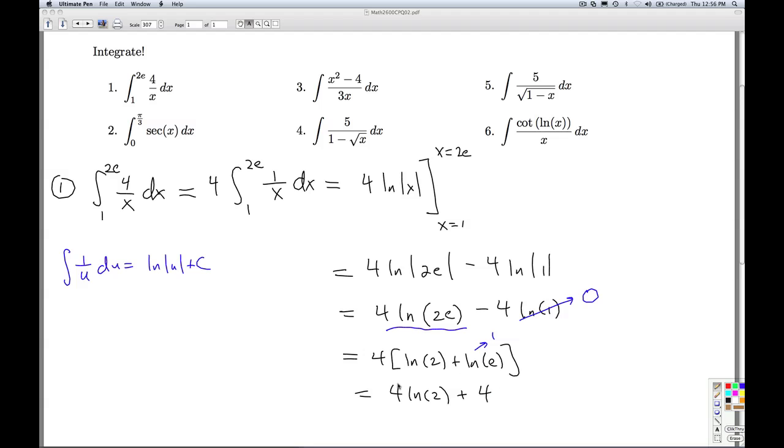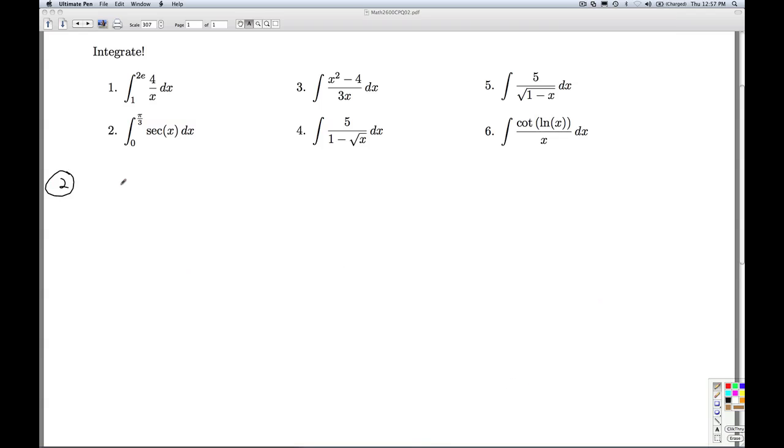But once again, in the back of the book, they may put the 4 up on the 2 as an exponent. And they could write this then as the natural log of 2 to the 4th, which is natural log of 16 plus 4. So just a couple different ways they could have written the answer. Anyway, no matter how you do it, that's it for number 1.